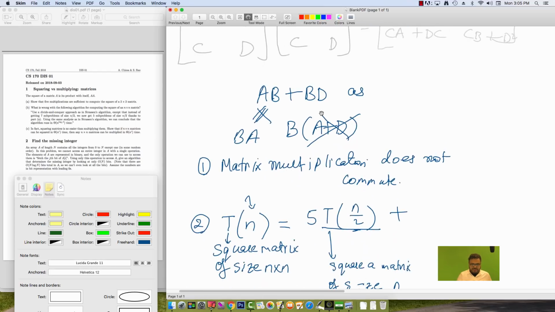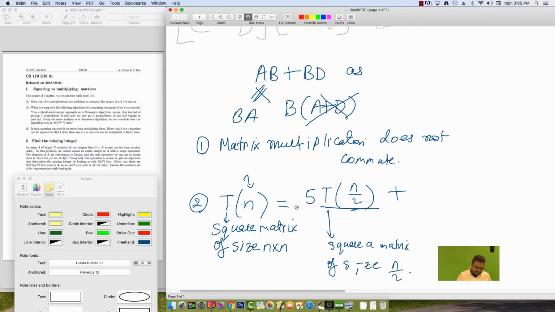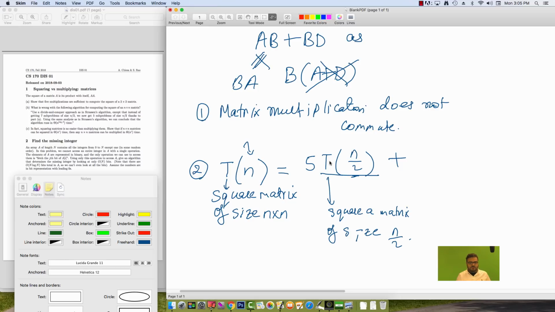And the recurrence relation that we would get would be one of squaring matrices. So the two T's don't match, which means in some sense we have something like T(n) equals 5R(n/2), where R is multiplying matrices. So this recurrence relation doesn't make any sense. That's why this algorithm does not work.